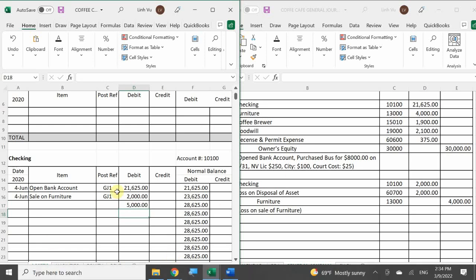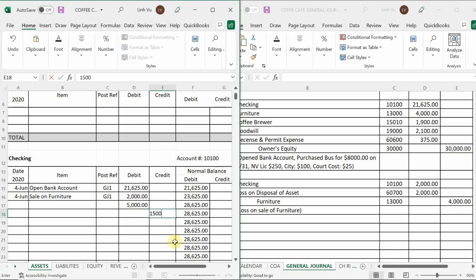If I decide to cut a check for $1,500, it's going to automatically calculate that number for me. This is going to help you cut down on your calculator punching errors by a whole lot if you use Excel, because Excel is very straightforward. You tell Excel what to do for you.